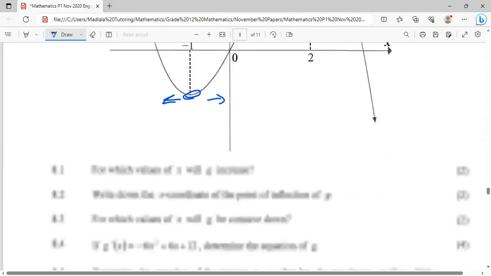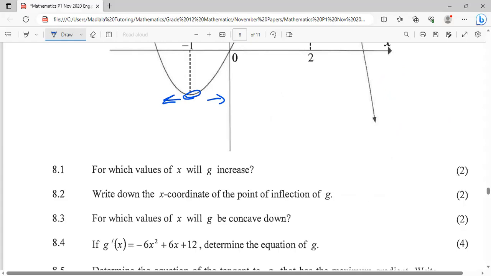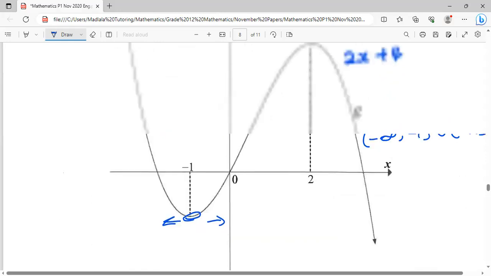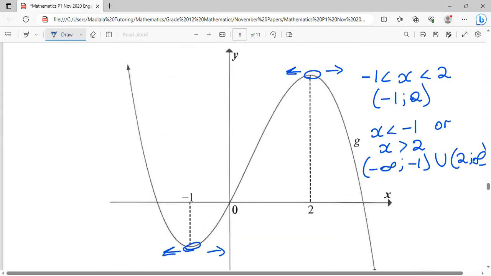So let's look at the second question then. It says, write down the x-coordinate of the point of inflection of this function. So we know at the point of inflection, it's where the second derivative is equal to 0. So meaning under normal circumstances, we are supposed to differentiate the function twice, equate the second derivative to 0, then solve for x.